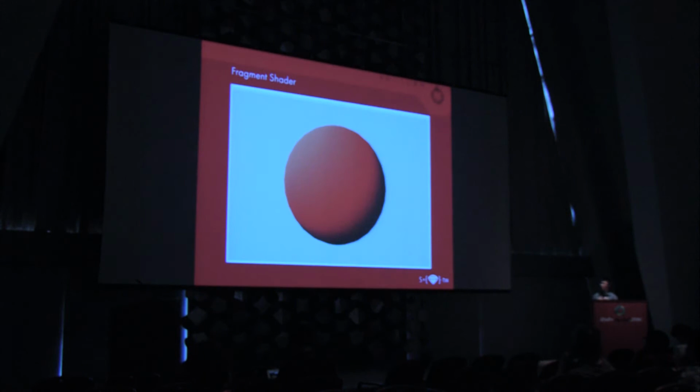But if I add some diffuse effect, now it has shading, so I can see a 3D ball. This is a shader, so we can use it to create a 3D effect.